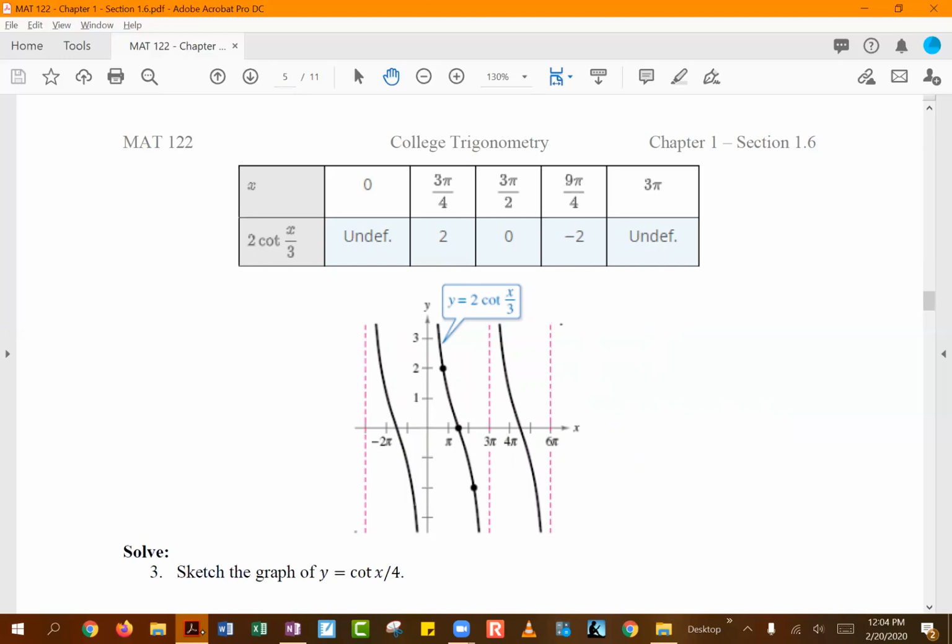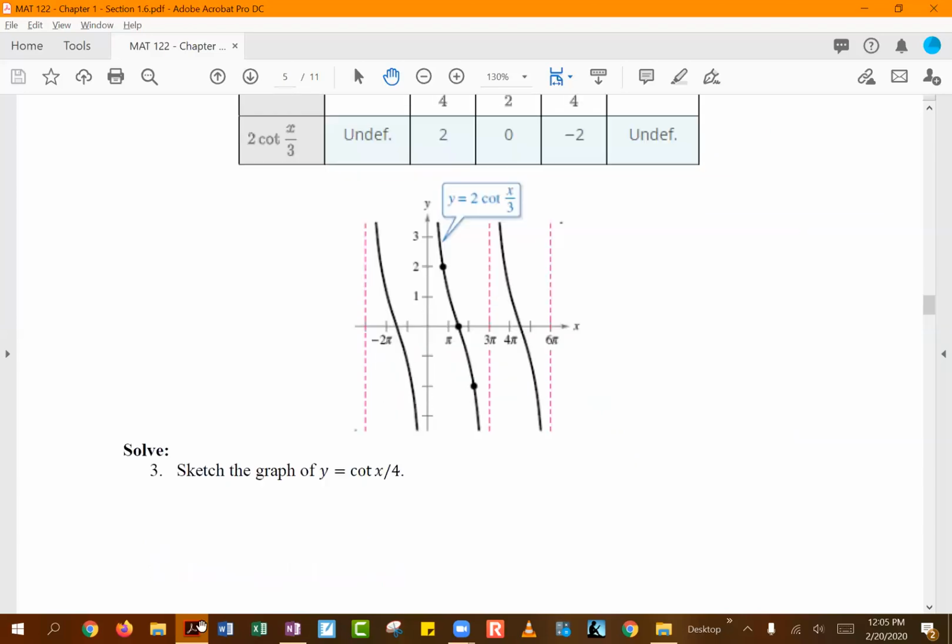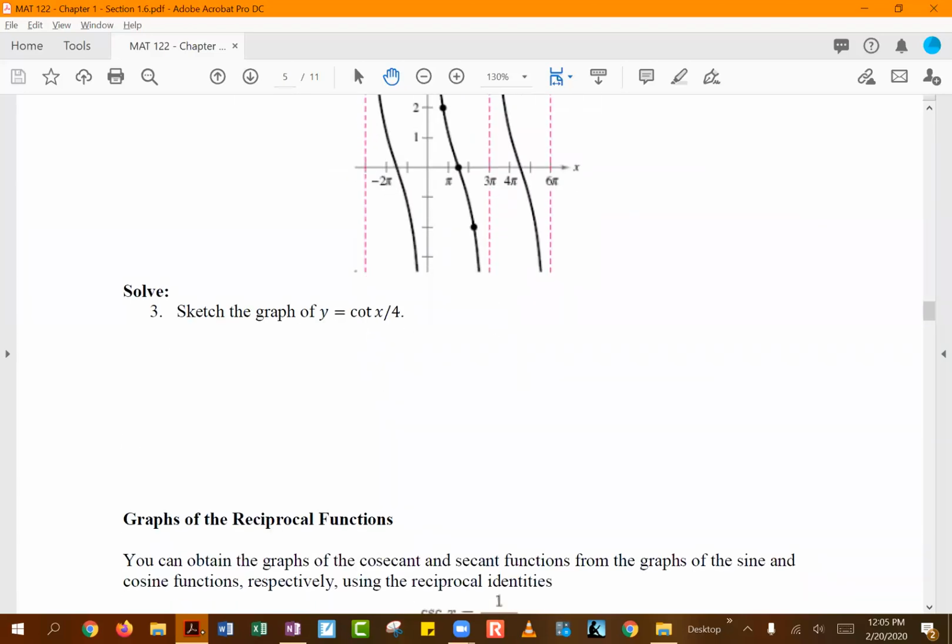So same thing, take your distance between 0 and 3 pi, and right halfway between that is your x-intercept, which happens to be at 3 pi over 2 in this case, and then they're basically taking points halfway between those intervals and coming up with other points for this function. So let's see if we can replicate that for our cotangent function here.